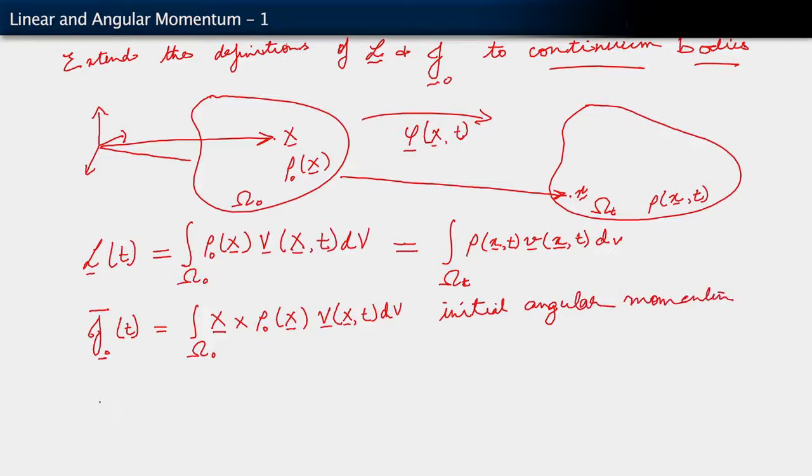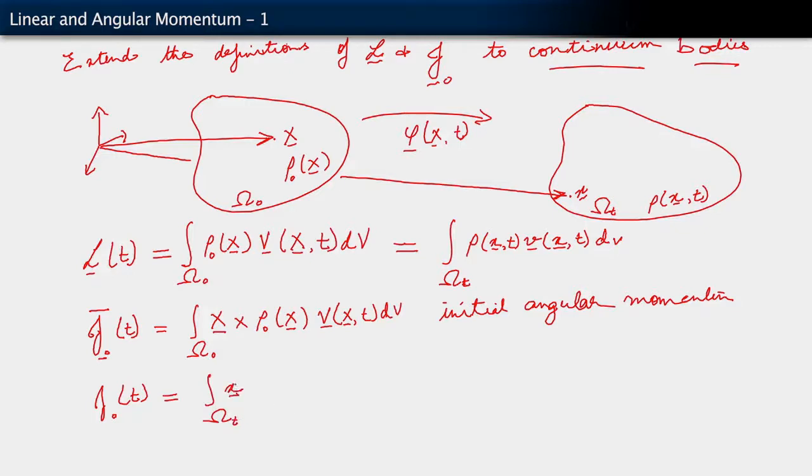The current angular momentum, which is the one that we really want to use, is the one that will get exclusive use of the symbol J naught. And this is defined now over the current configuration because that is what is of interest to us at the present time.